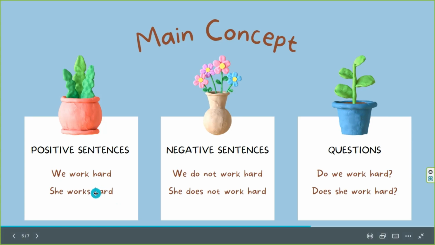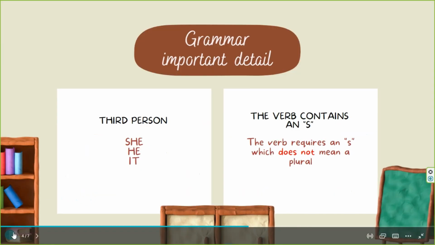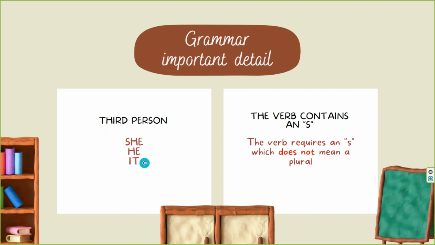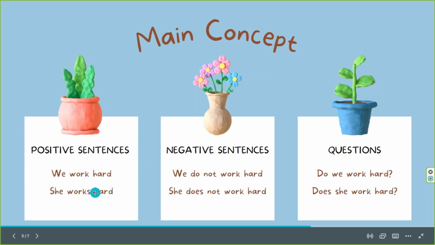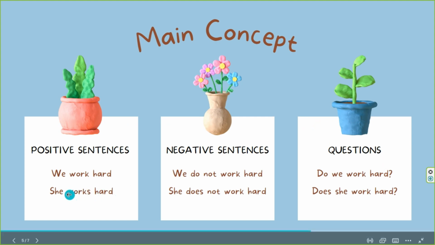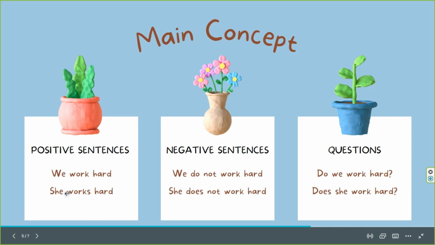The only exception is the word S. Now I am using this S because this is a she. And if you remember, whenever we have a she, a he, or an it, we need to add the word S into the verb. But that does not mean that we are having a plural. It's not a plural. She is just one person.